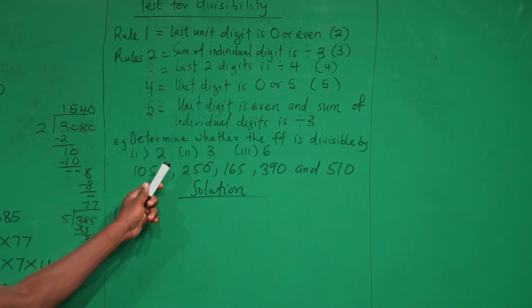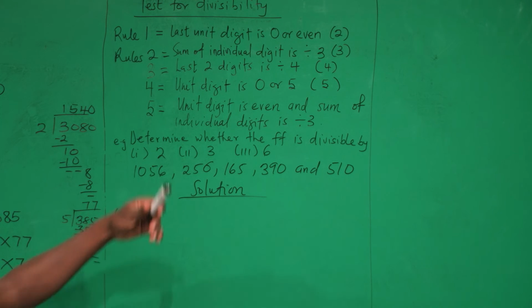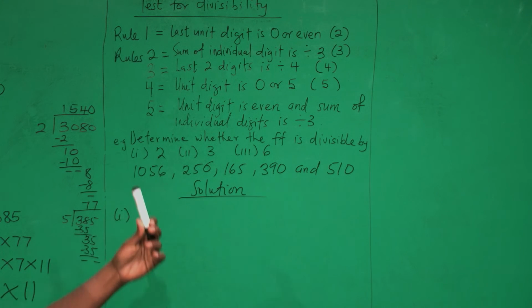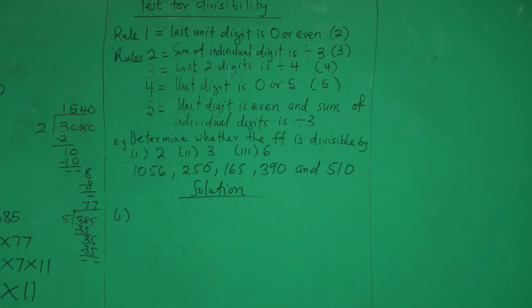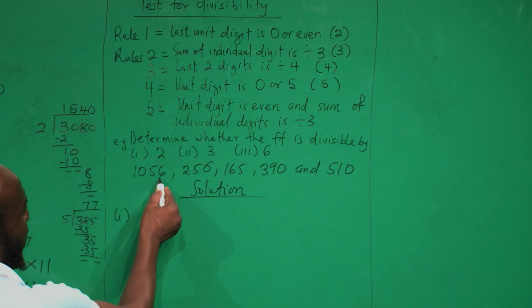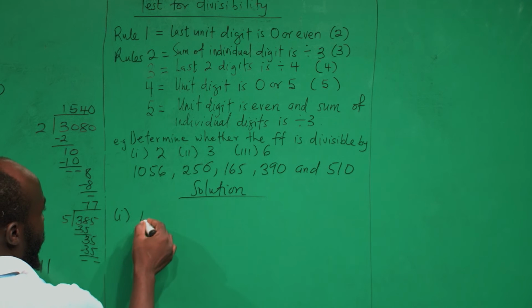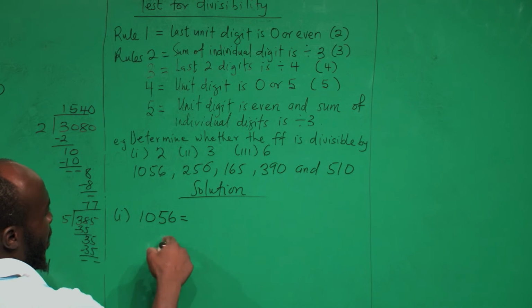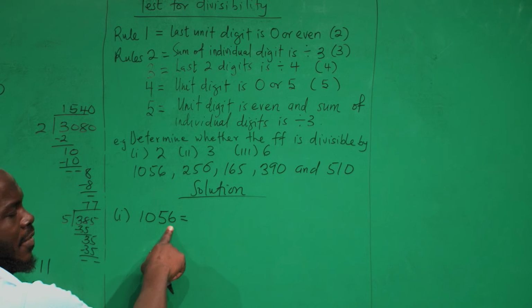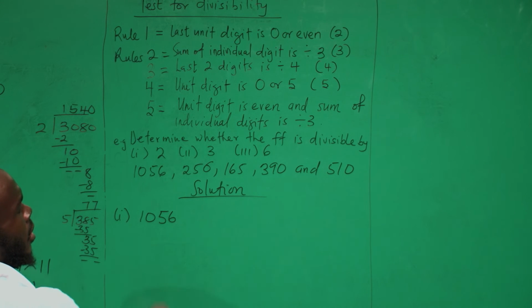When we take 2, the rule says a number can be divided by 2 when the last unit digit is 0 or even. So we just check the last digit. For 1056, its last digit is 6, an even number, so 2 can divide it.